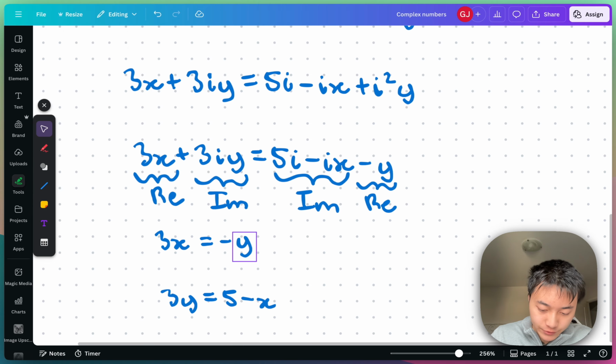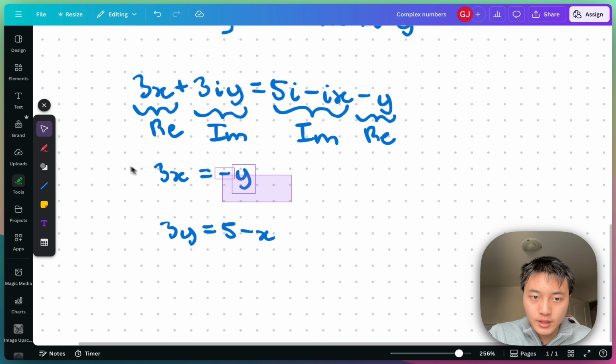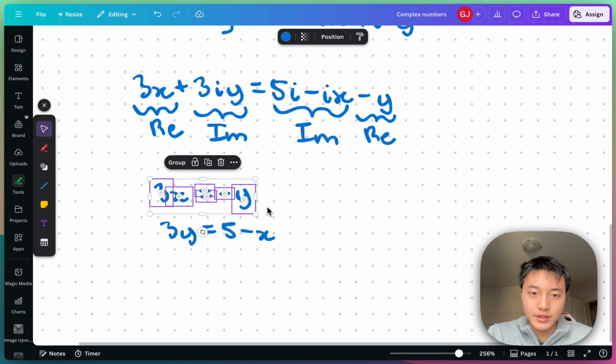Okay, so now we just have two equations, so the system of equations that we can just solve. Let's put this more down here.